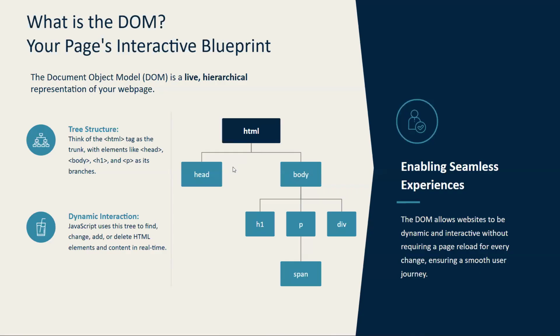A helpful way to think about this is as a tree structure. The HTML element will always remain at the top, and then you have its children called head and body, and inside those you have other elements like headings, paragraphs, divs, and spans.